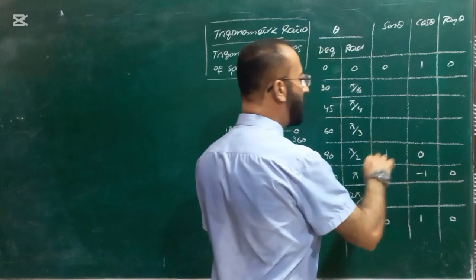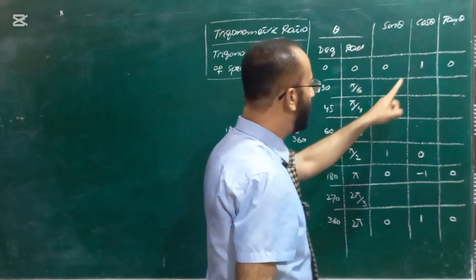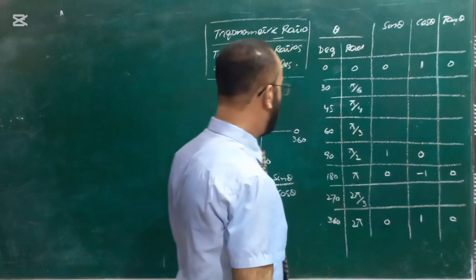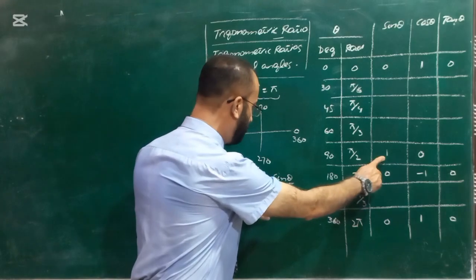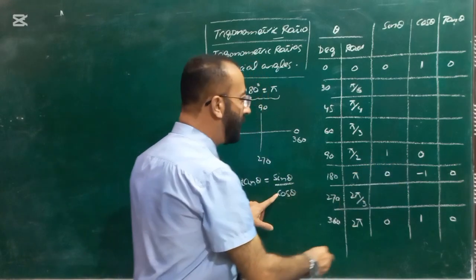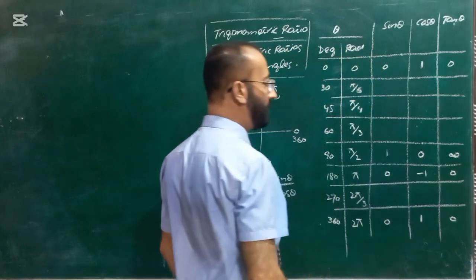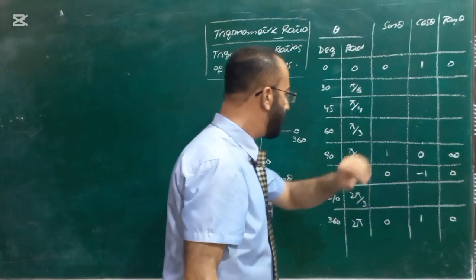So this is the reverse case. So if sine theta is 1 and cos theta is 0, this will be equal to infinity. Okay, 90 degrees also done.